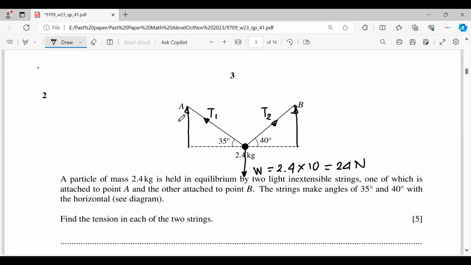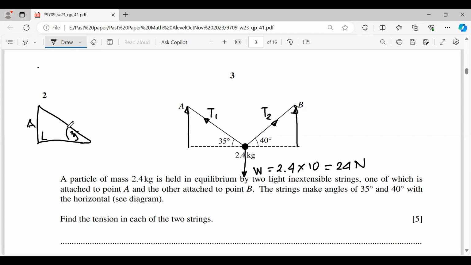How do we determine this force? I'm going to create the triangle here.